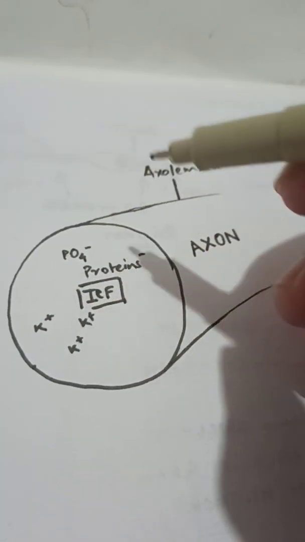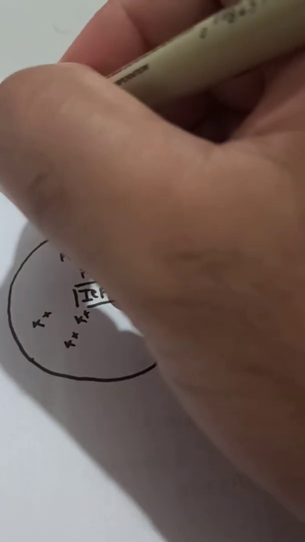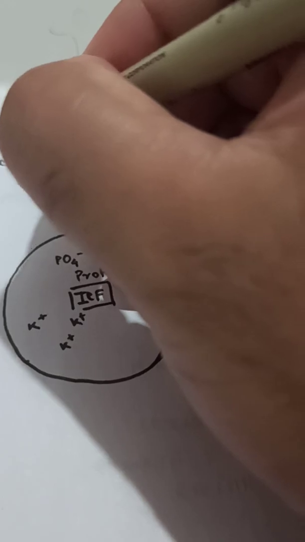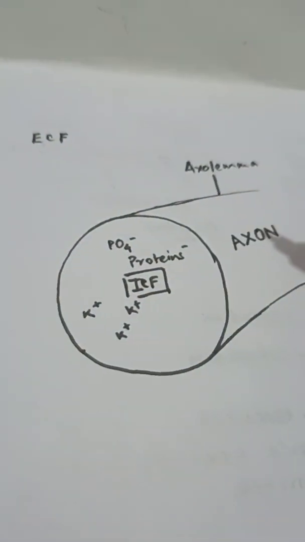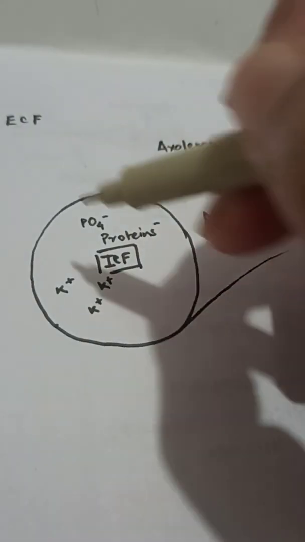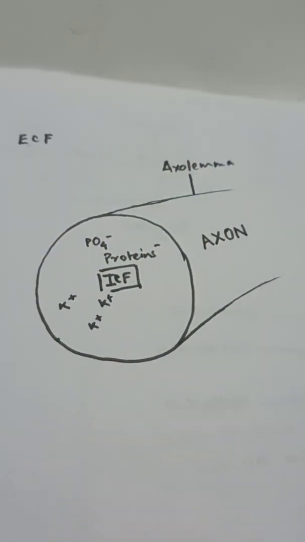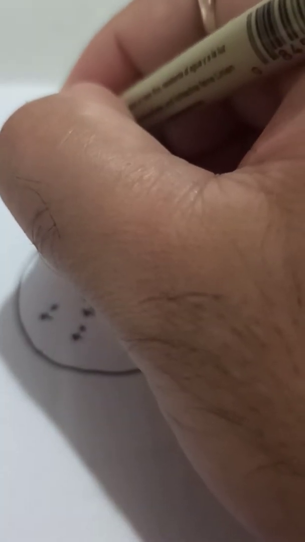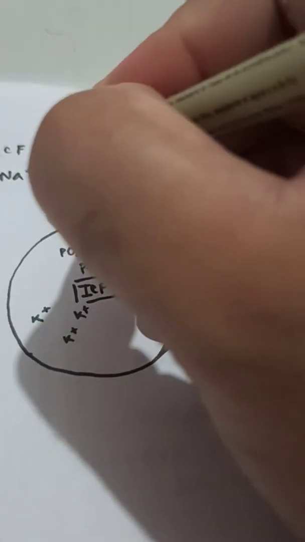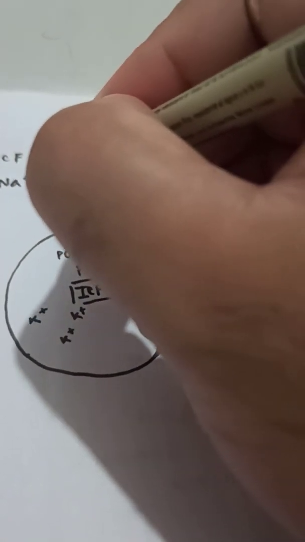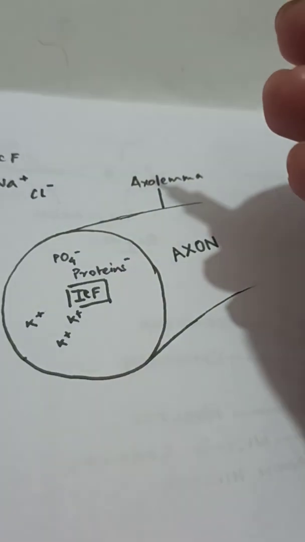In contrast to the intracellular fluid, the extracellular fluid matrix, which is just the outside portion of the axon, has a buildup of a very large amount of sodium ion and a very large buildup of chlorine ion.